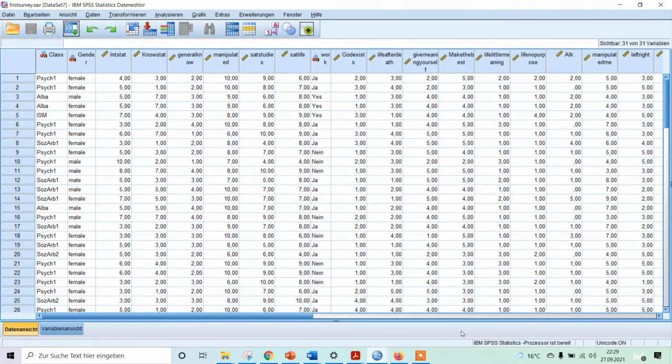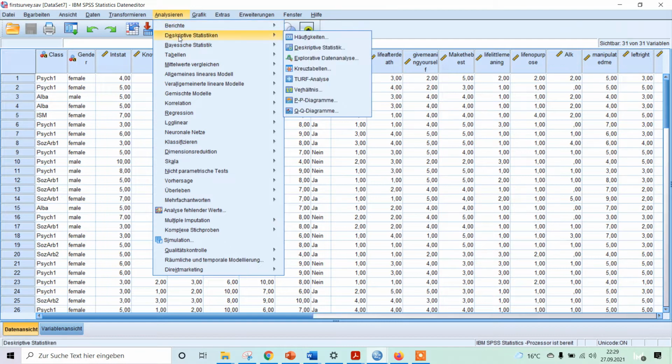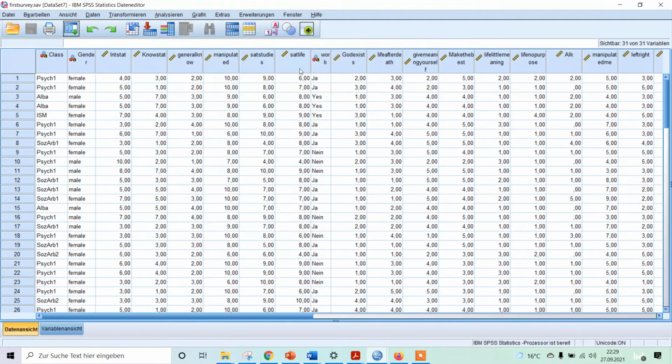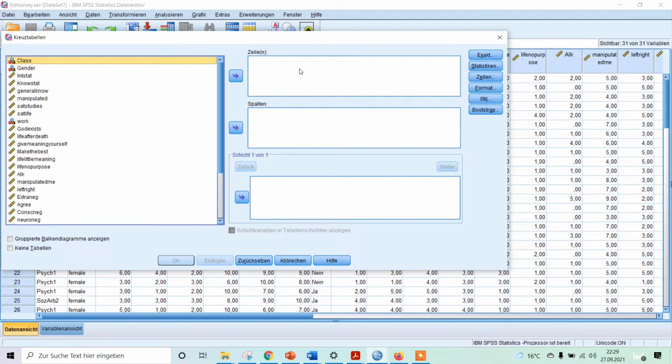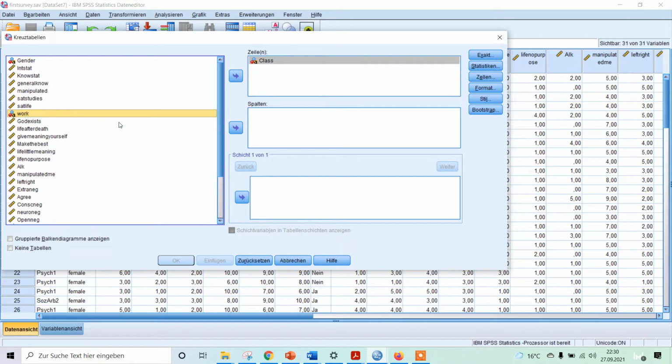Therefore, we have to click on Analyze, and under Descriptive Statistics we find the cross tables. We click on cross tables, and now we need to put our two variables, class into the rows and work into the columns.